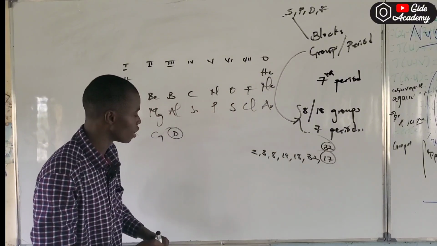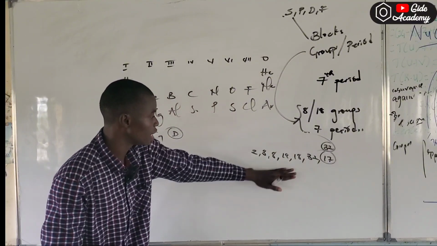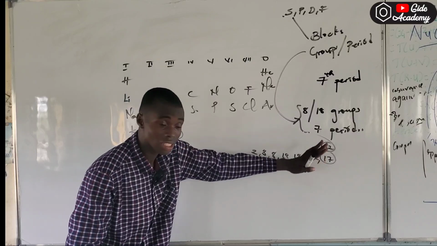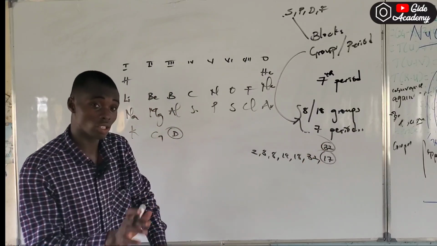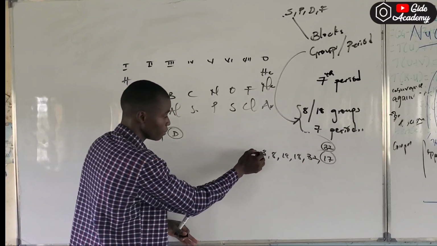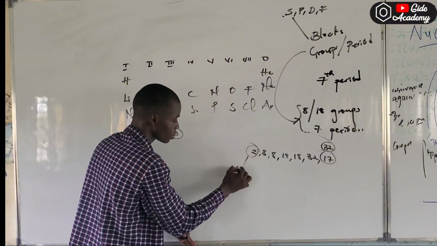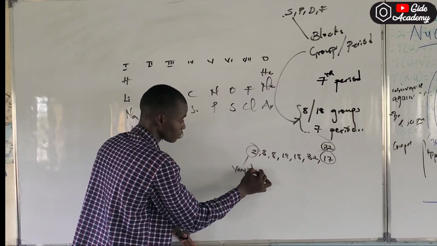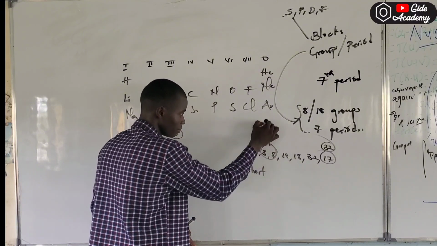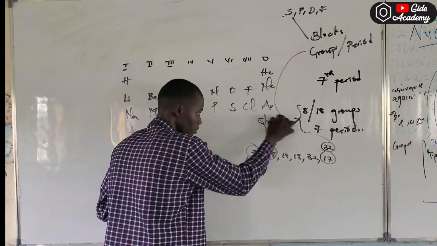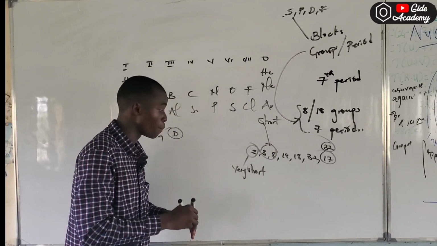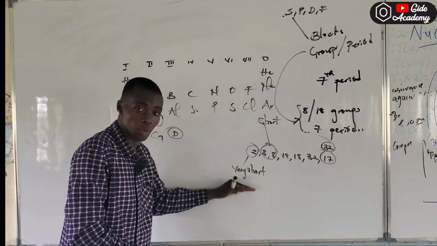So the formula is 2, 8, 8, 18, 18, 32, and 17. And this is another question. The 2 here is very short. The 8 here, these are the short periods. I repeat, period 1 is a very short period.